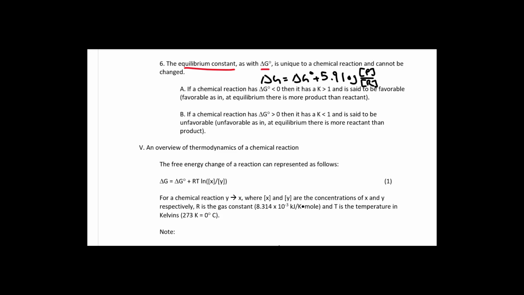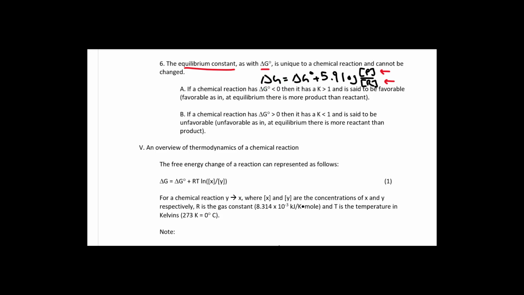Or if you know the equilibrium constant, as we've shown above, you can figure out delta G standard. So the delta G standard doesn't change, but if I change the concentration of product or reactant, or this ratio between the concentration of product and reactant, what I will do is change delta G. I will not affect delta G standard. And we're not worried about temperature and pressure, since those are constants in a biological system. So those are not important to us.